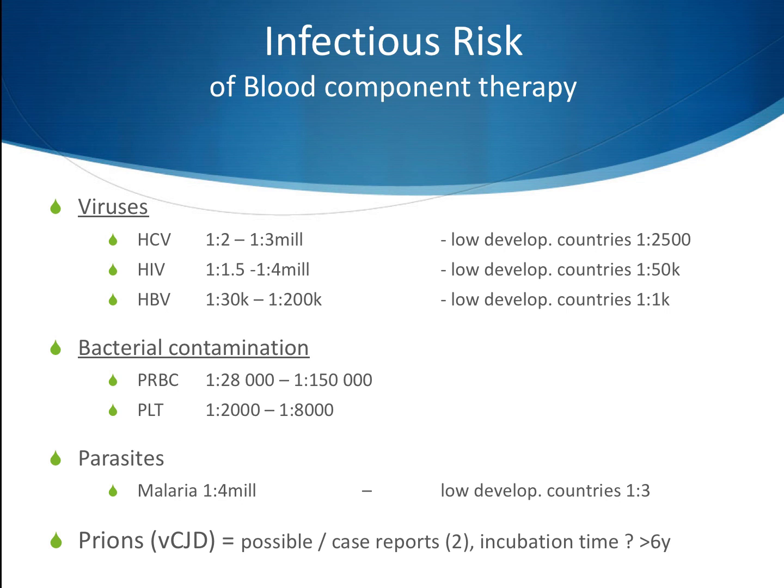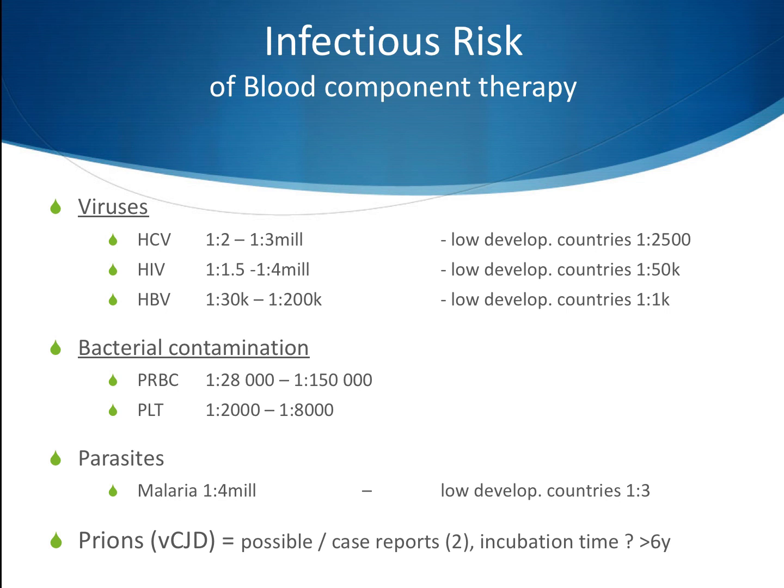HIV and Hep C actually have really low rates, not 0, but 1 to 1.5 per 1.3 million. But these are the developed countries. All this shifts a lot if you go to less developed countries. Here, these are numbers from Africa, where obviously those infectious complications are a lot higher.